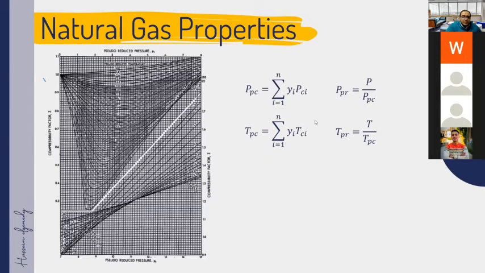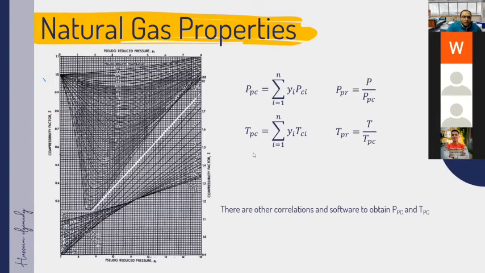After that, we can get the reduced pressure and temperature based on the operating pressure and temperature of the gas. This will allow us to enter the curve and define the Z factor of the gas. So this is just calculations to define the Z factor, or how this gas deviates from the ideal gas in properties or in any characteristics of the gas.